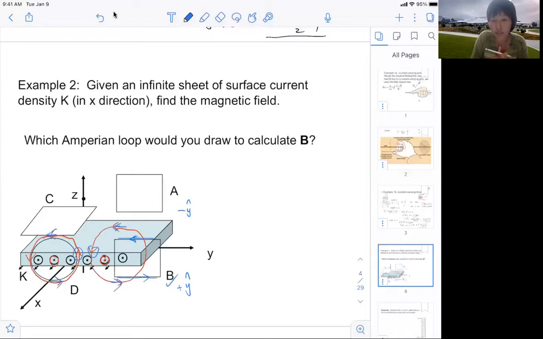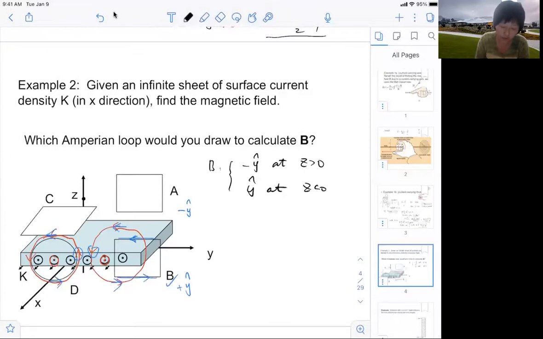And this can also be seen if you recall, we did this using Biot-Savart, and we looked at the integral. One of the integrals cancels out, leaving only the y hat direction. All right, so now we've established B is in the y hat direction: negative y hat above, positive y hat below. So this is the direction of B.